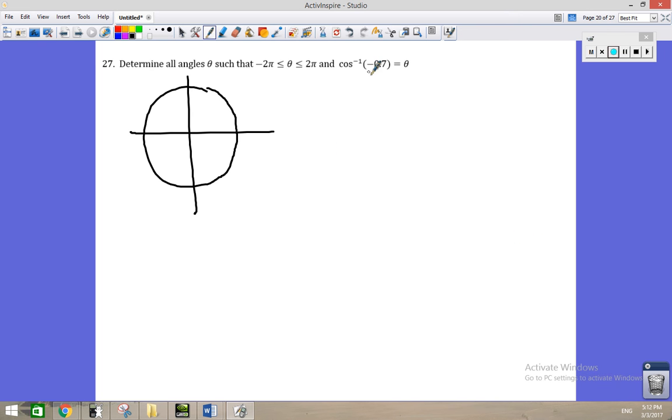So I know that there's an x coordinate in the second quadrant of negative 0.7 and also in the third quadrant of negative 0.7. If I use my calculator to approximate this angle, it's going to find the one that's here in quadrant 2.